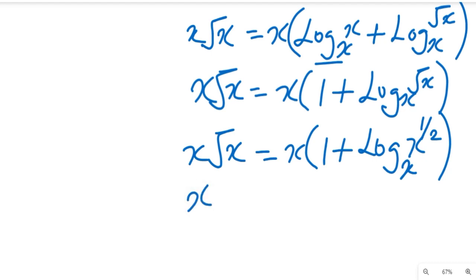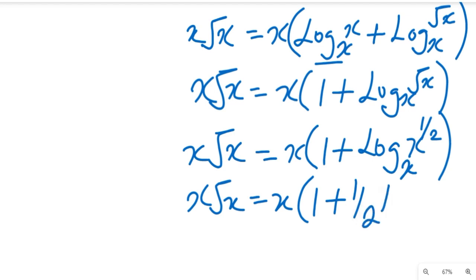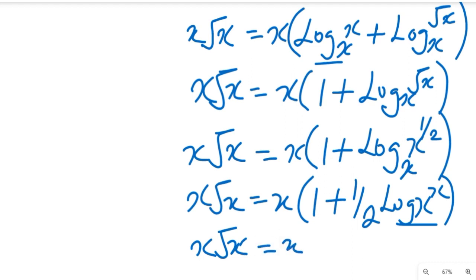So x root x will be equal to x into bracket 1 plus one half log of x to base x. So log of x to base x will give us 1. So we'll have x root of x equal to x into bracket 1 plus 1 divided by 2.